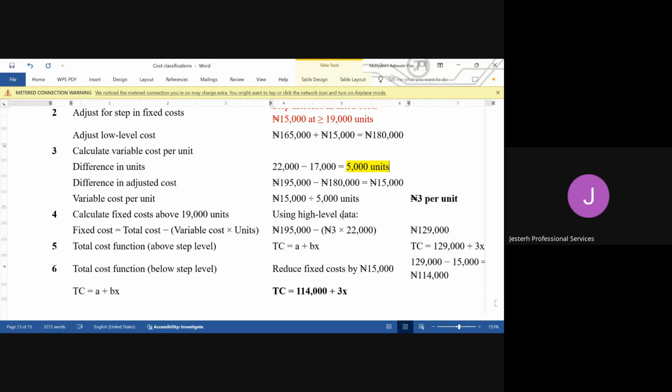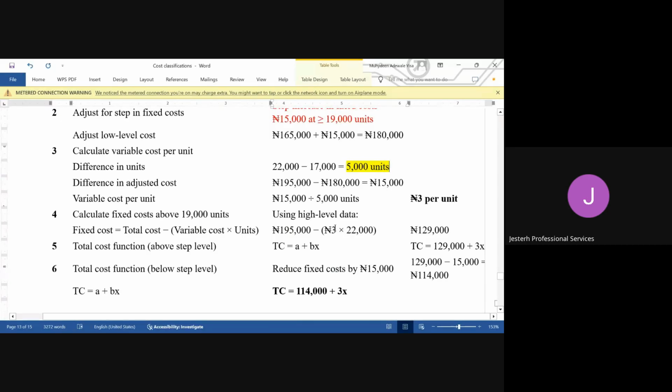Now, it means our total cost, if our level of activities increases to 19,000 units, is going to be 129,000 if the level of activities increases.